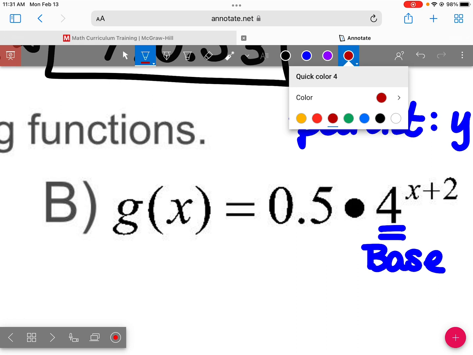On part B, I said the base is 4. What is the A value on number 2, part B? 0.5.